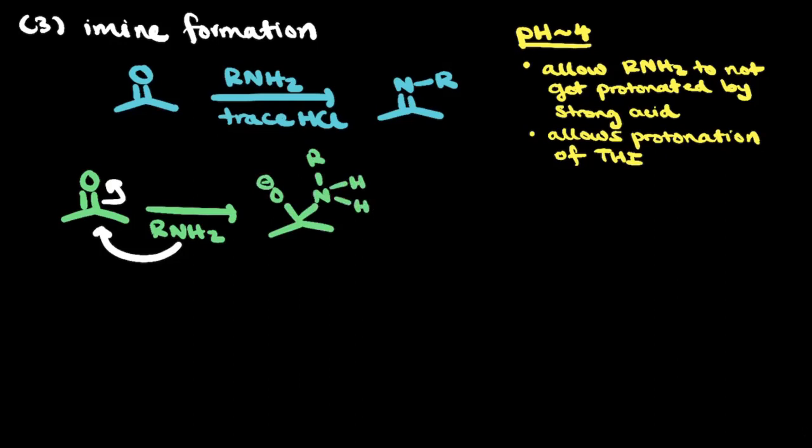Zwitterion just means that you have two different functional groups on the compound that have different formal charges. Okay. Now once you come in and attack, this is where your trace hydrochloric acid is going to come in and then deprotonate. So it's going to get deprotonated by the oxyanion to give you a neutral alcohol.